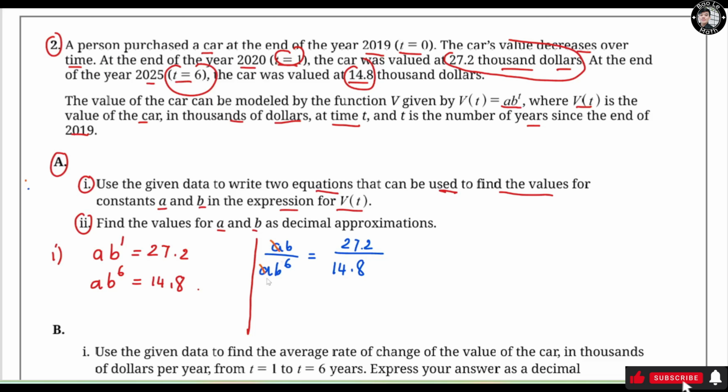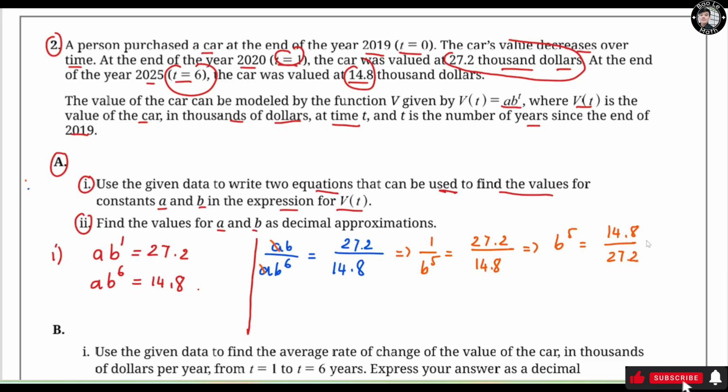Now a and a cancel out, so we have 1 over b to the 5th equals 27.2 divided by 14.8. And then we just flip this one. It's going to be b to the 5th equals 14.8 divided by 27.2.